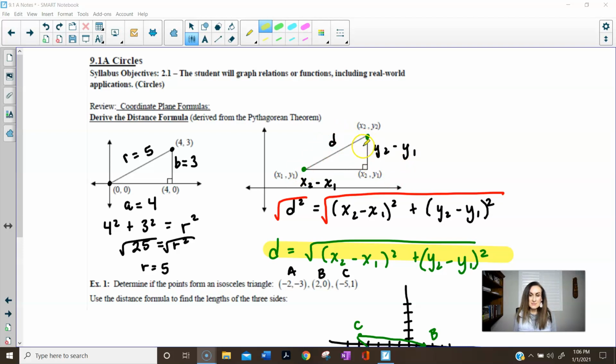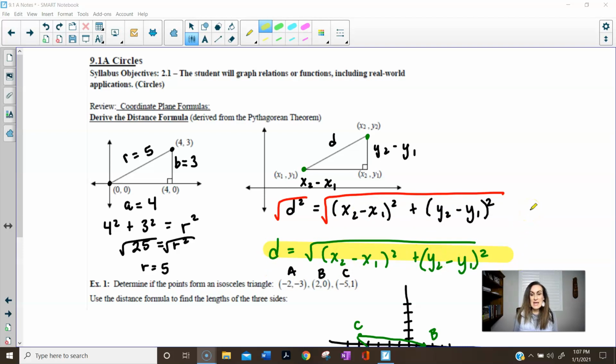So again, the same thing, all I did was look at the distance between these 2 points by subtracting the x values, the distance between the vertical 2 points by subtracting the y values, and then throwing it into the Pythagorean theorem. So then this would be a squared, which is (x sub 2 minus x sub 1) squared, plus b squared, which is (y sub 2 minus y sub 1) squared, equals, and I use d squared. And then how do you get rid of that square? You square root both sides, and then here's the distance formula.